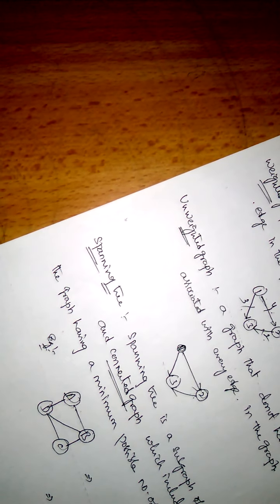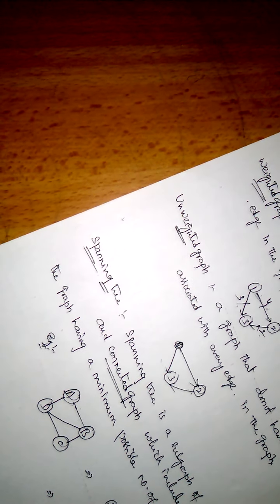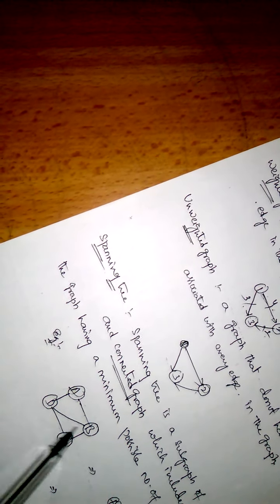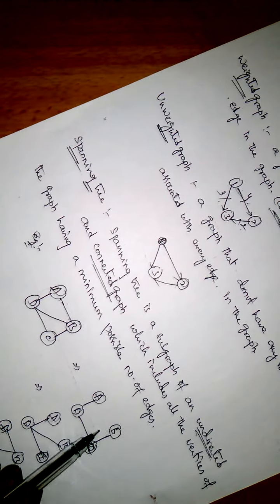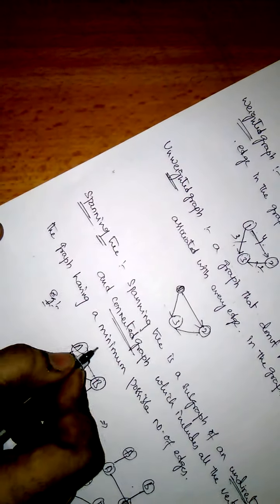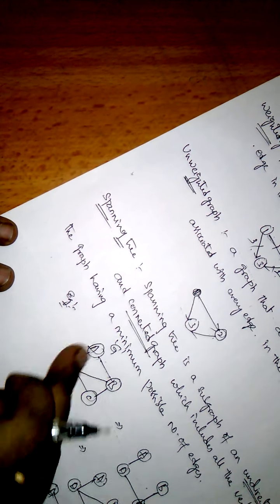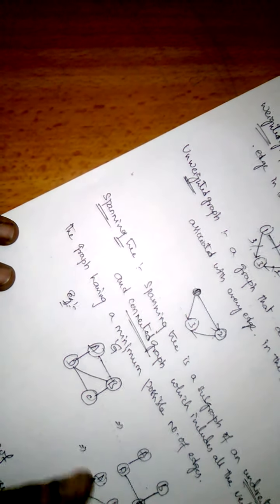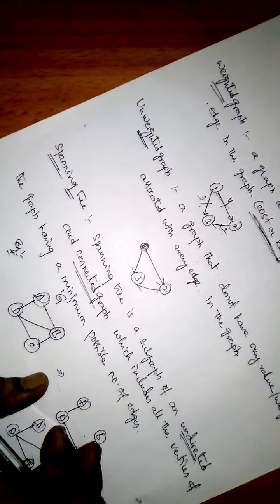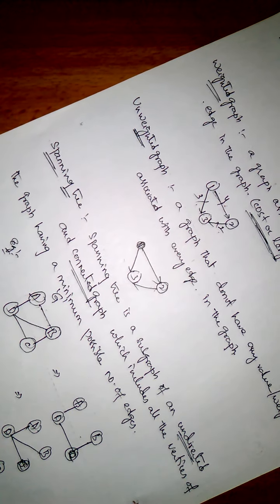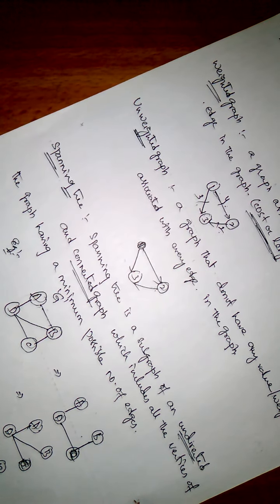What is a spanning tree? Spanning tree is a subgraph. Okay. For a given graph, we have to draw a subgraph. Suppose we think of this graph G, the given graph G, and for this graph we have to draw a subgraph. So how should that subgraph be? It should be undirected and connected.